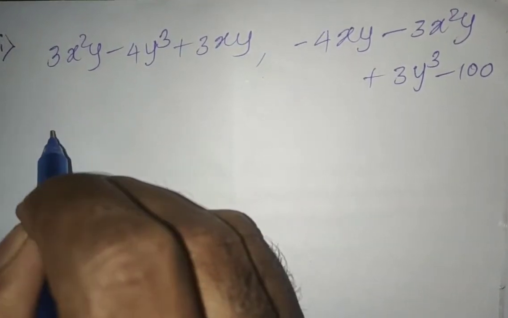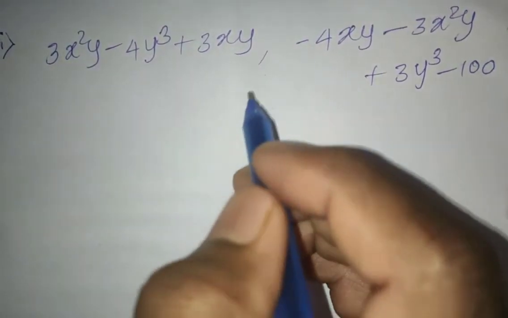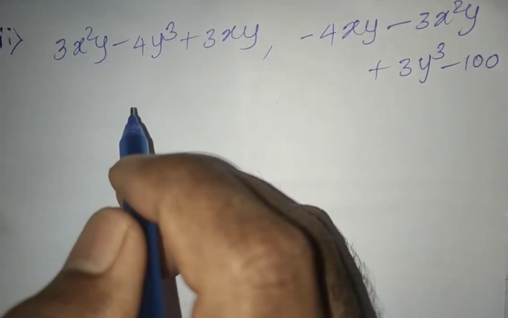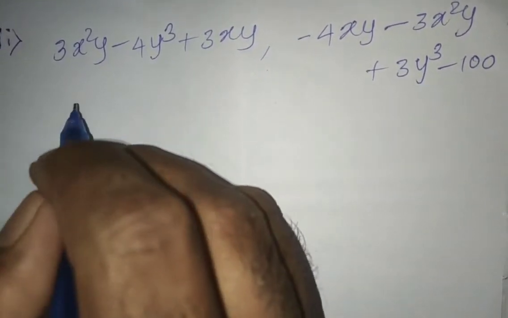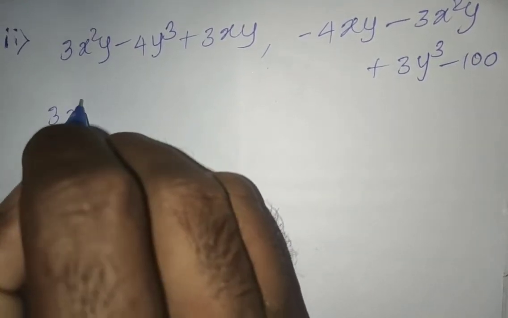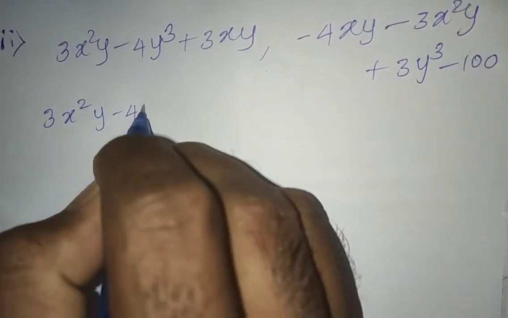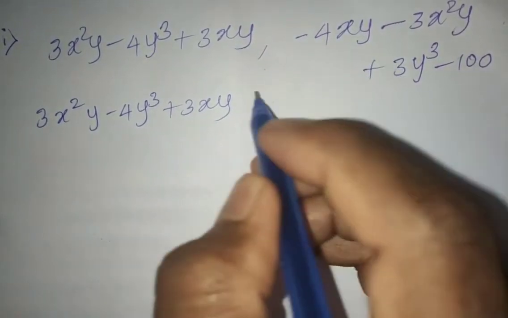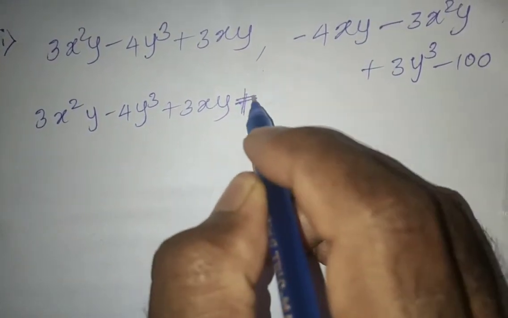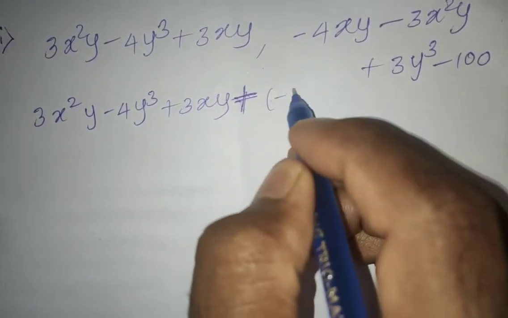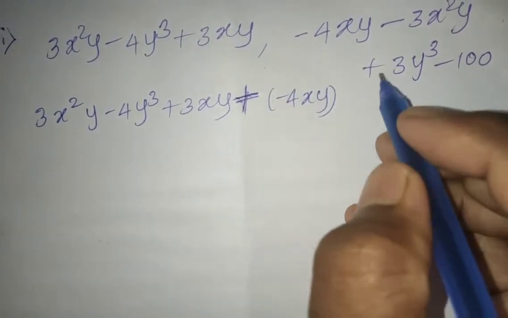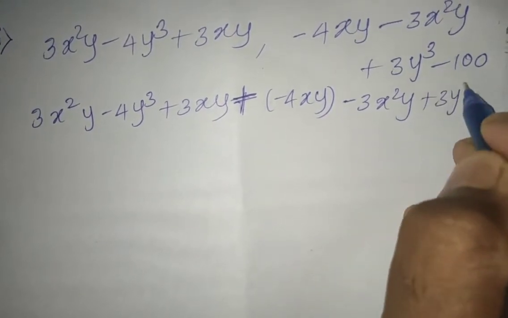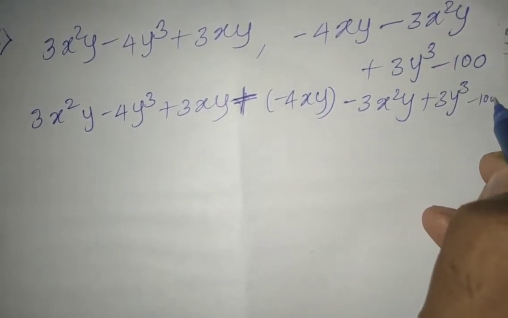While adding we have to put a plus sign in between the two algebraic expressions. First is 3x square y minus 4y cube plus 3xy. This is the first algebraic expression. In between we put a bracket with plus. Then minus 4xy minus 3x square y plus 3y cube minus 100 as it is.